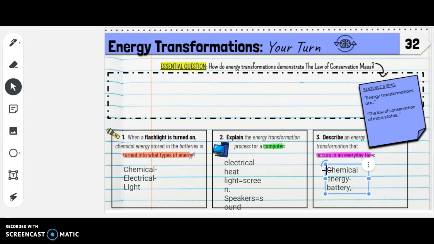And then it goes to electrical, which is the sound, light, electrical. And then from electrical, we have, again, sound, light, and heat.